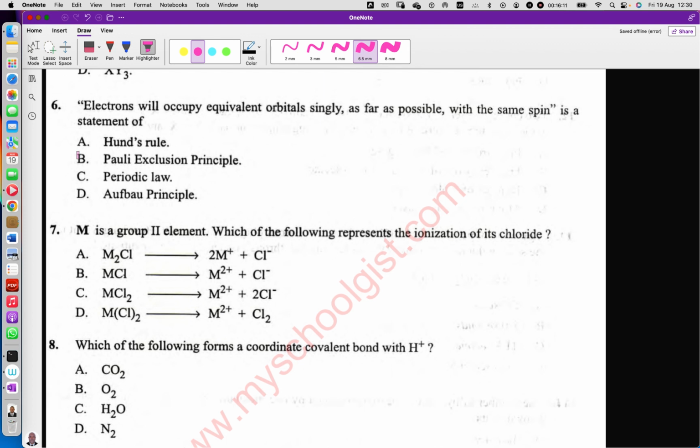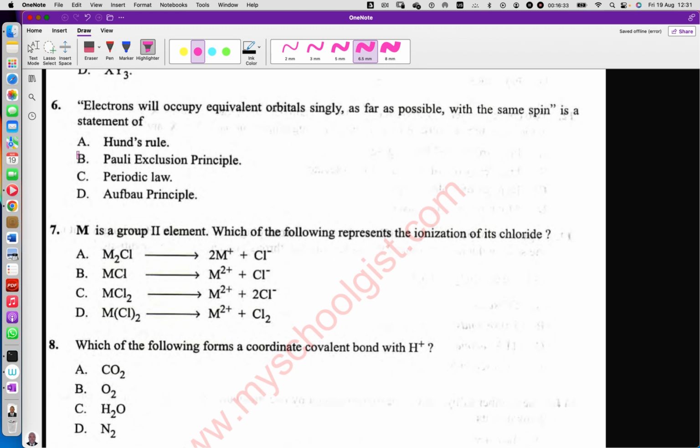Now, if they are pairing, the next electron in the pair will be spinning downward. So they say electrons will occupy equivalent orbitals singly as far as possible with the same spin. Is a statement of which rule?